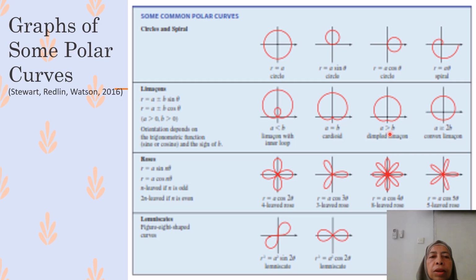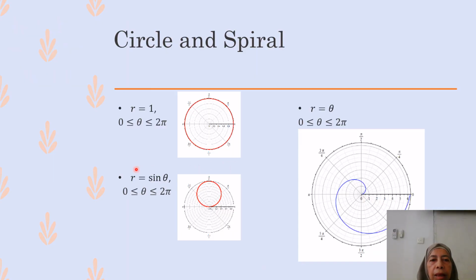We know from calculus that there are some shapes that we can graph in polar coordinates with their own names. For example, circles and spirals at the top, and limacons, roses, and lemniscates. For example, the equation for a circle, r equals 1, will give the picture like on the right hand side, which is a circle with radius 1.